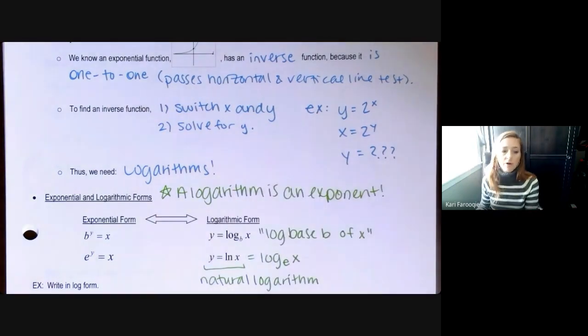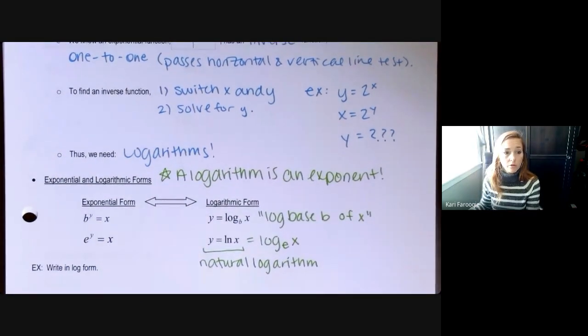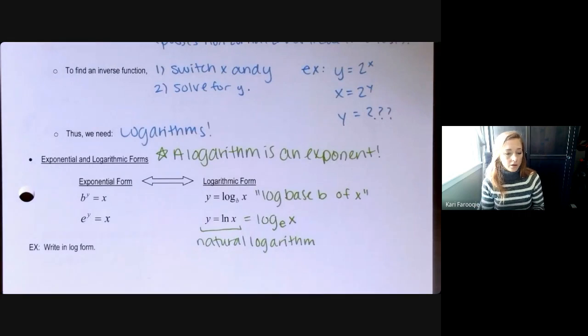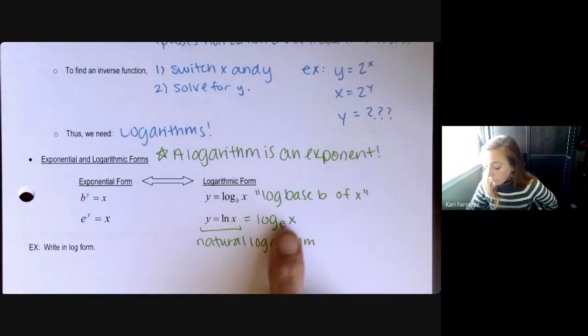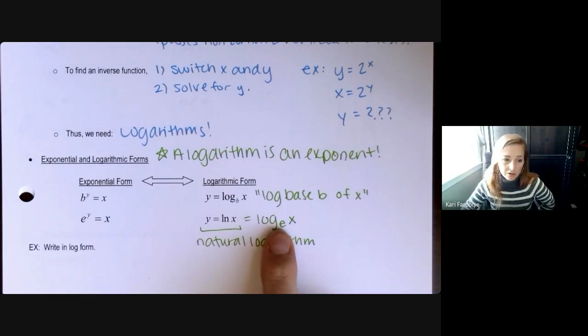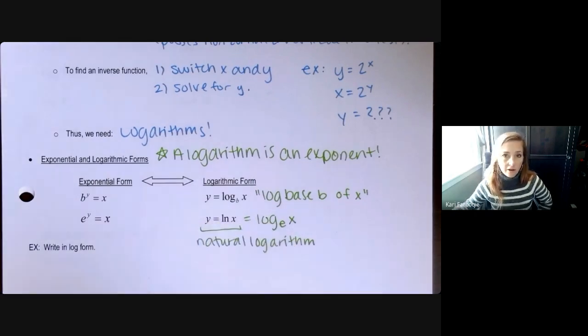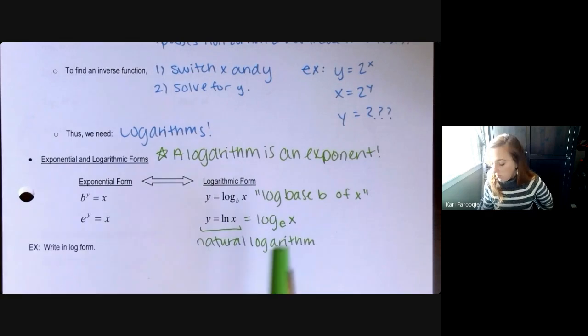Okay, so ln is natural logarithm. That is the one that has a base of e. Now, if you write your logs with log base e, I'm okay with that. If you write them as ln x, also fine. It does not matter to me. Just make sure that you don't use a natural log when you're talking about a base that's not e, because that notation is specifically used in the case that you have that base.